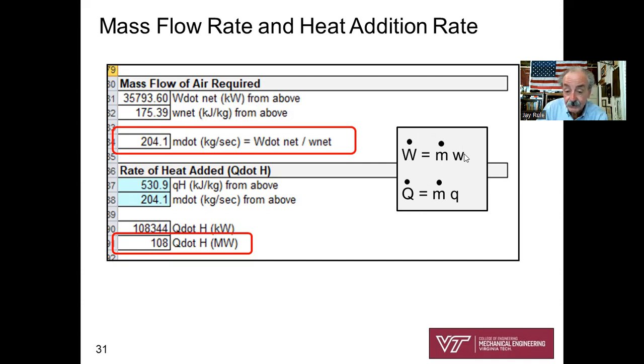W dot over little w gives us m dot, or 204 kilograms per second. That is a huge air mass flow rate for this ship blazing through the water. For the rate of heat addition, we just got QH in kilojoules per kilogram and we just found m dot, so we multiply these two together to get Q dot H equals 108 megawatts. That's huge.